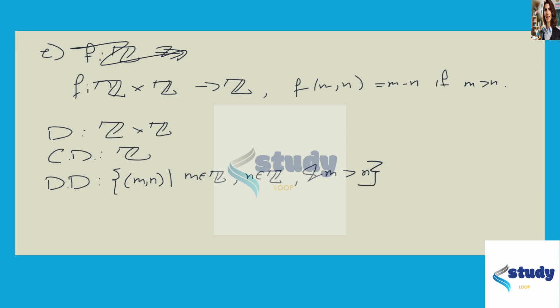And there is not really any way you can simplify this. So your undefined set is then the set of m and n, where m is an integer, n is an integer, and the opposite of this, so that'll be m is less than or equal to n.